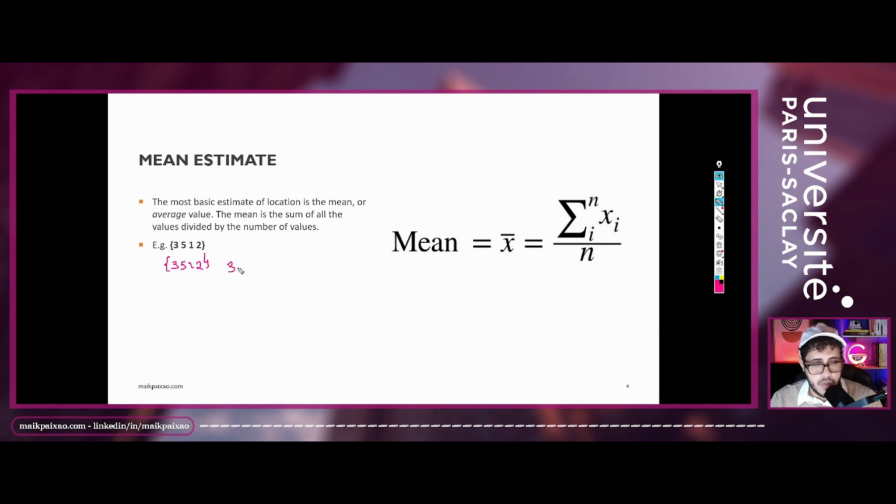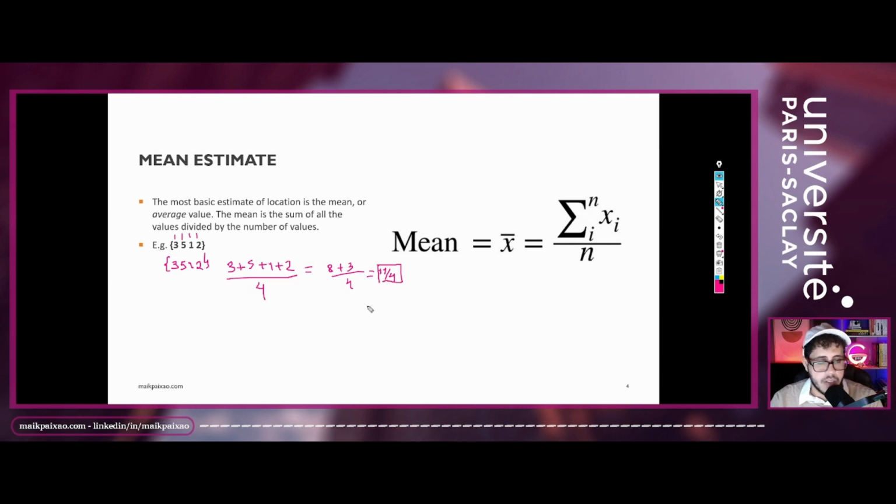So we sum 3 plus 5 plus 1 plus 2 and divide by the number of items we have in our set. We have 1, 2, 3, 4 items. So we divide all that, and we come to a conclusion of 11 over 4. That's basically the mean for this example.